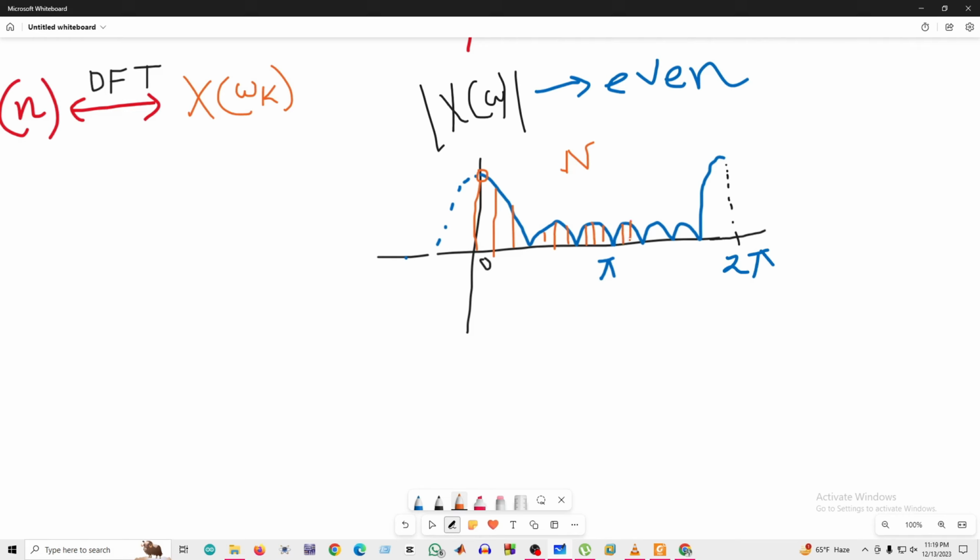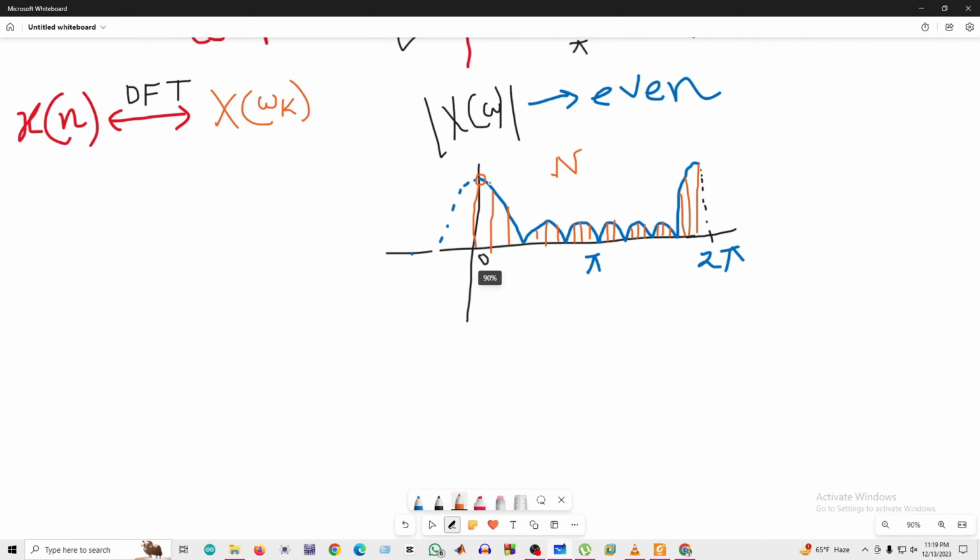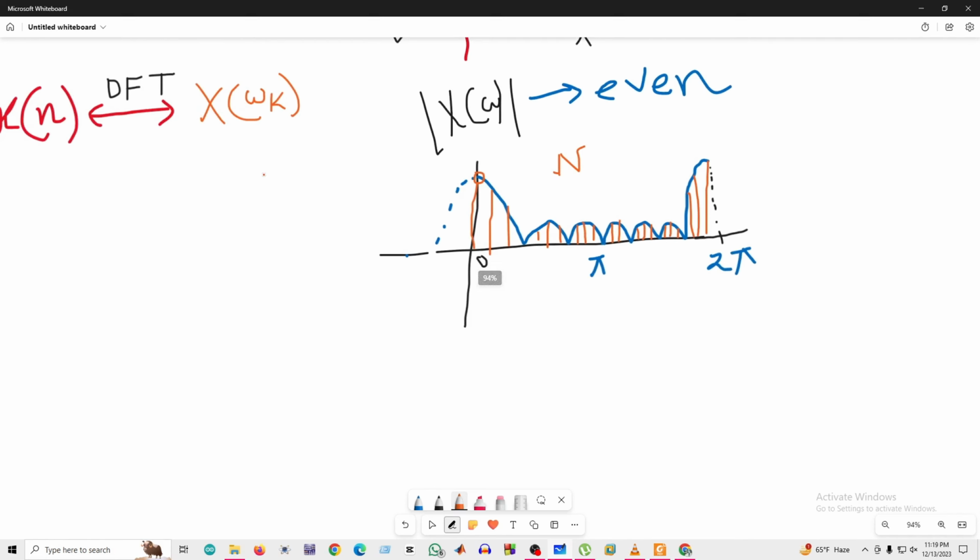Last class I showed this situation, but in this segment I am giving a review of the concept. This is your sampling frequency. After the sampling in the frequency domain, your frequency is discretized. There is no continuity, so X of k is now discrete.